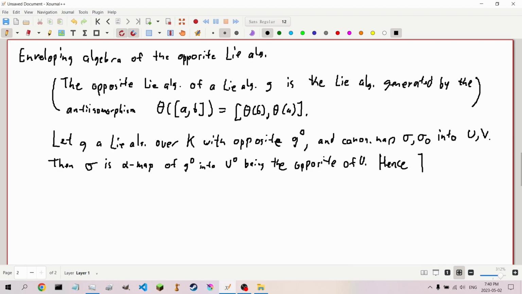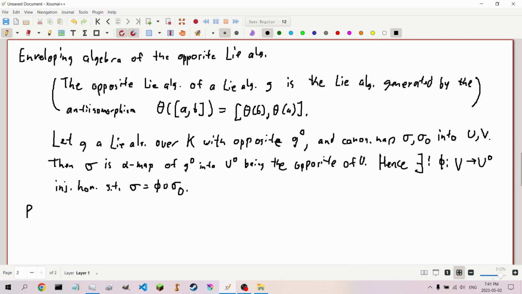Hence, we have a unique injective homomorphism, we're going to call it phi, from V into U0, which is an injective homomorphism such that sigma is the composition of phi and its inverse.